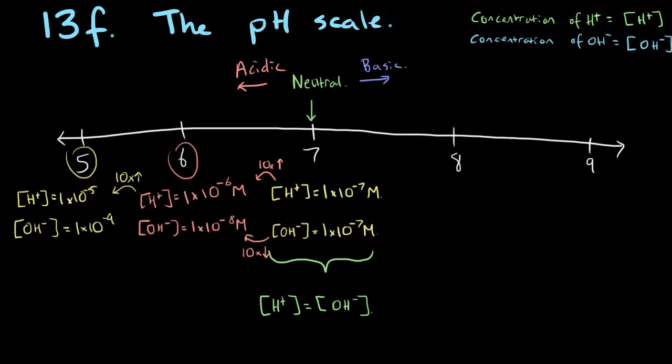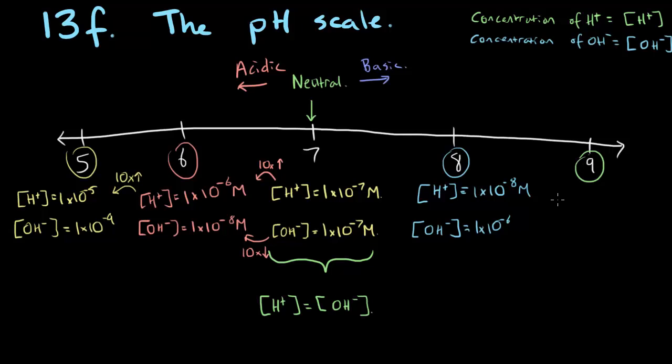Going the other way on the pH scale, you should be able to predict what changes are going to happen. In our pH 8 solution, concentration of H+ is going to decrease by a factor of 10, so 1 times 10 to the power of -8 moles per litre, but our hydroxide is getting more concentrated, 1 times 10 to the power of -6.